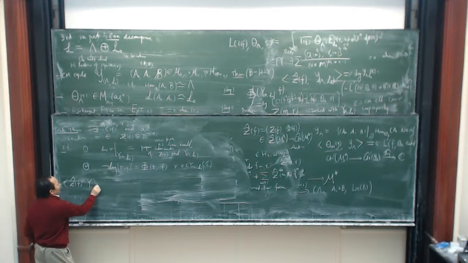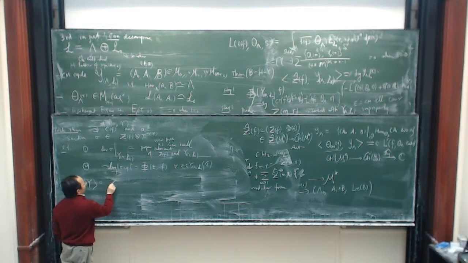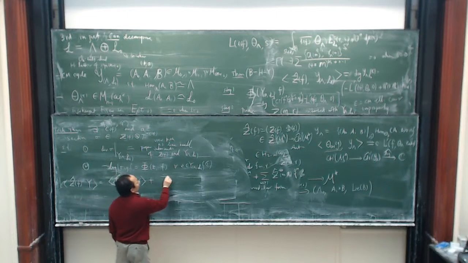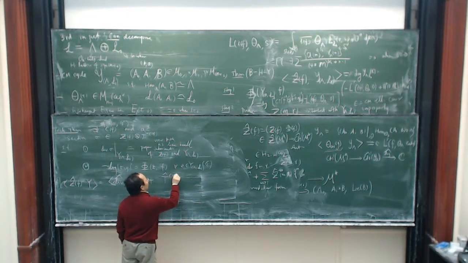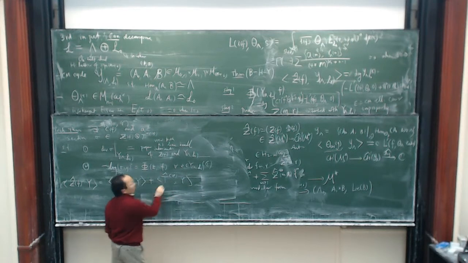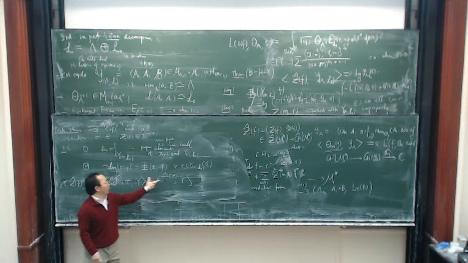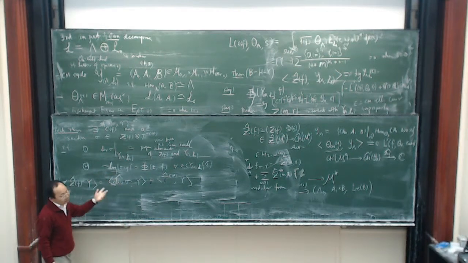Now this is equal to the divisor of sigma Y plus T hat of CF Y, right? Because this really equals this tensored with this one. So it's linear.